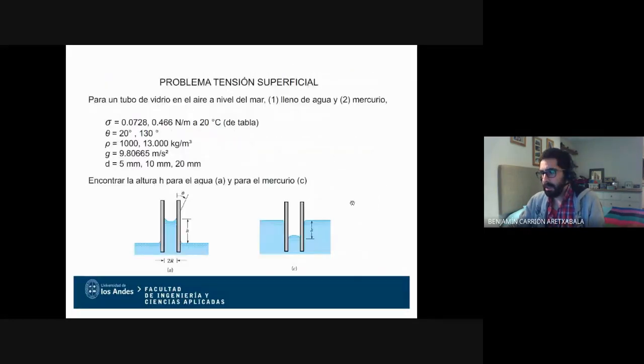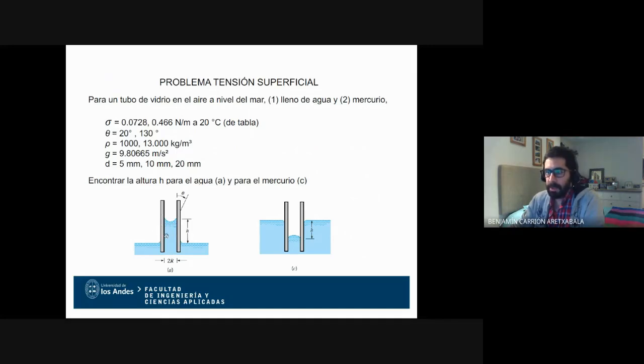And here's actually a small exercise that you can find also in the book. I'm not going to go through this because it's just repeating the same. But basically, if you have a tube and you stick it in and pull it out of water, you're going to have capillarity effects at the boundary.